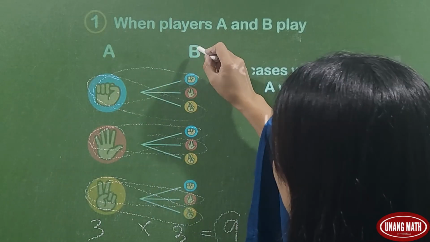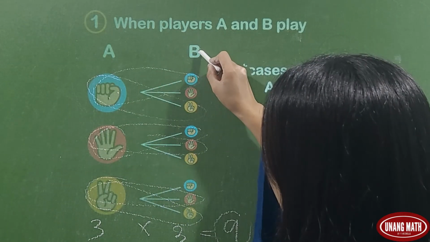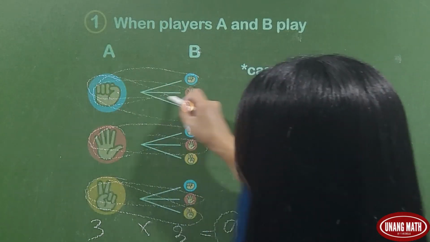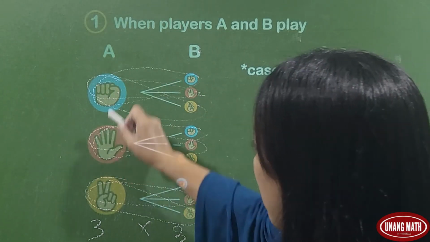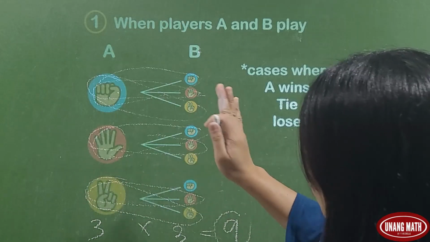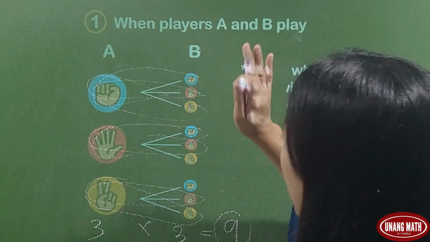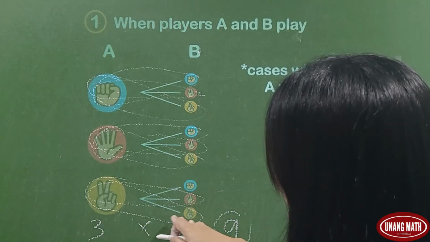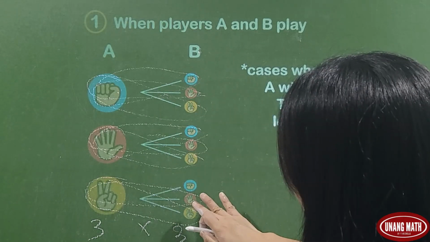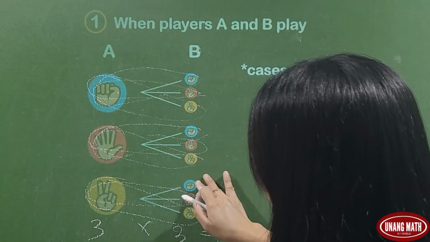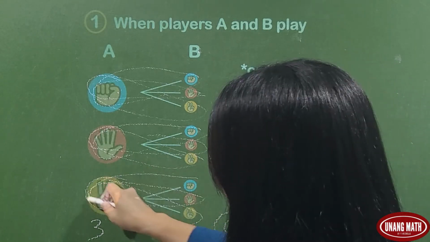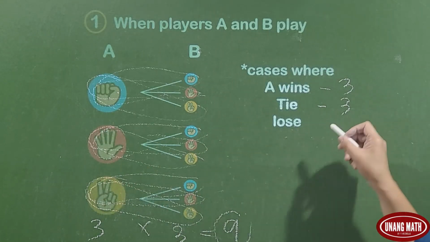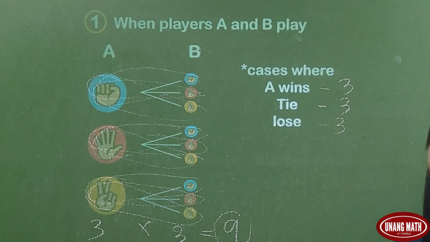In order for player B to win, this player must show paper. What about here? Player A shows paper. In order for player B to win, player B must show scissors. Okay, in this one, in order for player B to win, then player B must show rock. So we have here also 3 cases.